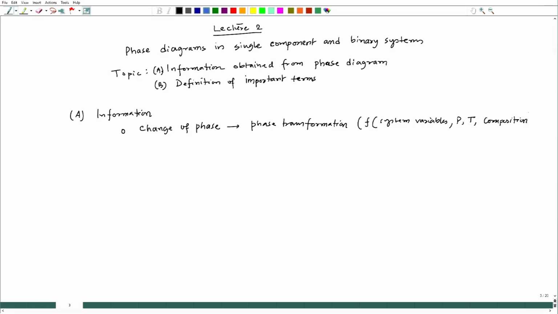Those are the system variables. Then the second one, we can see the condition of phase.